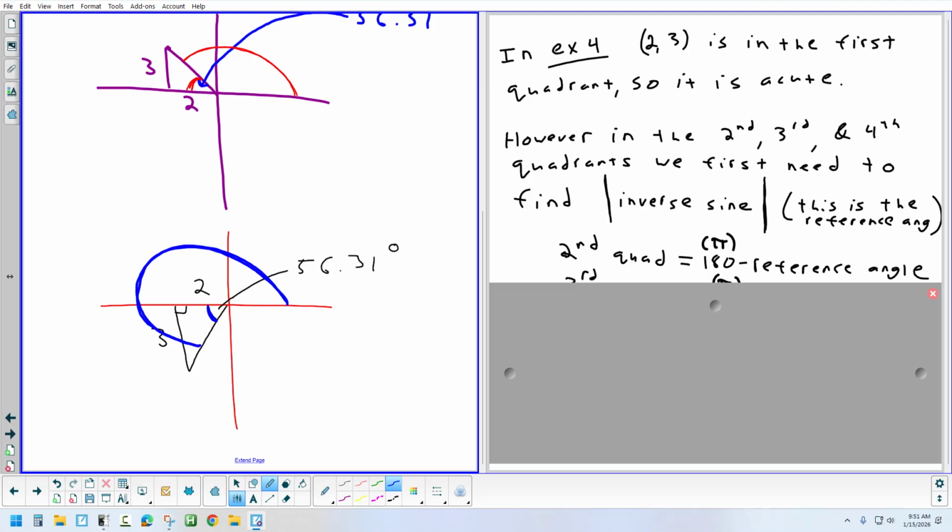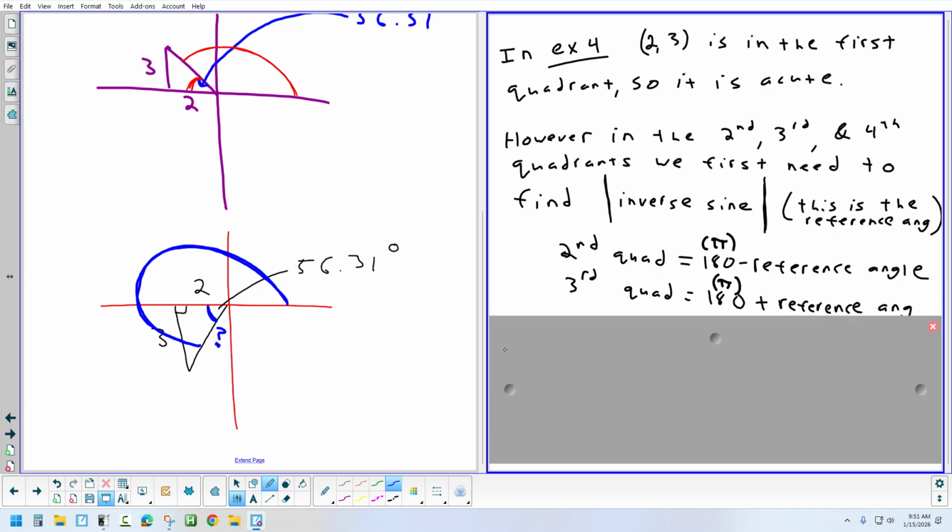Yeah. You'd have to know that to do that part. Then you could subtract that from 270, but you don't know that. 180 plus that angle? Right, it's halfway around plus whatever amount your reference angle was. So that's in quadrant 3, if you're trying to find the entire angle, you find the reference angle, and the reference angle always has to be a positive number. That's why I put absolute values around the inverse sine, just in case it came out negative.